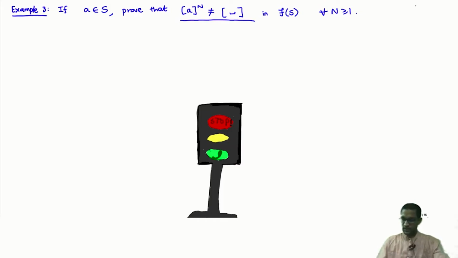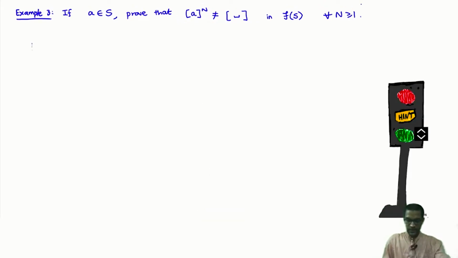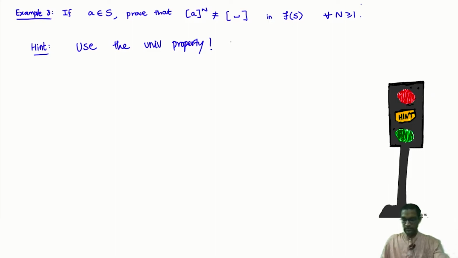Again, pause the video and think about it, and in this case the hint is the same thing: use the universal property, and study how example 2 worked.